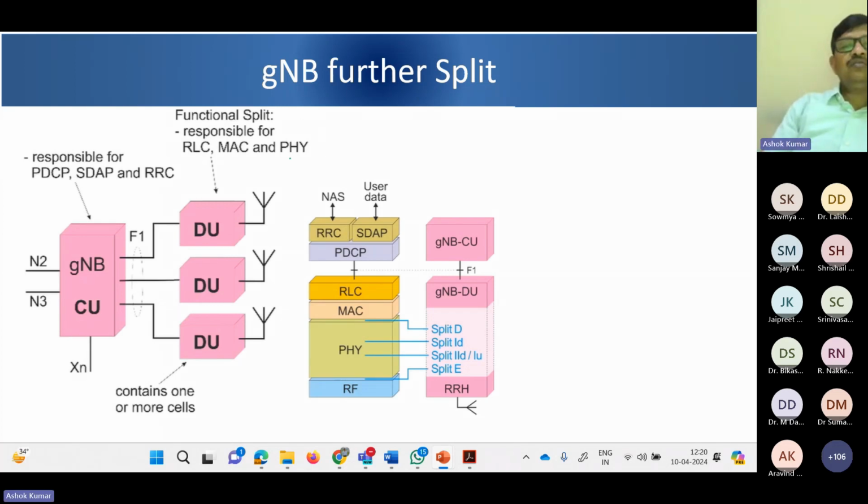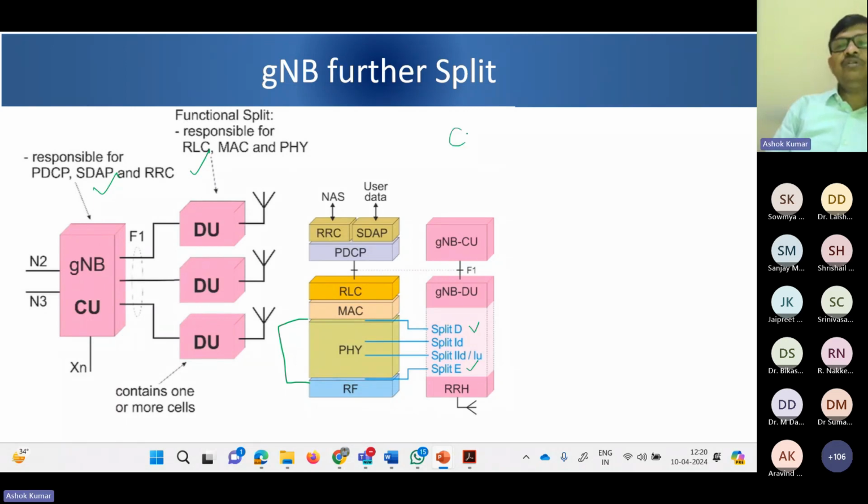So up till now, what we see is that these two splits are already done by 3GPP. Now, at the physical layer, can I have more splits, right? The split nomenclature given is split D, and then split E. Multiple names are given for different splits.